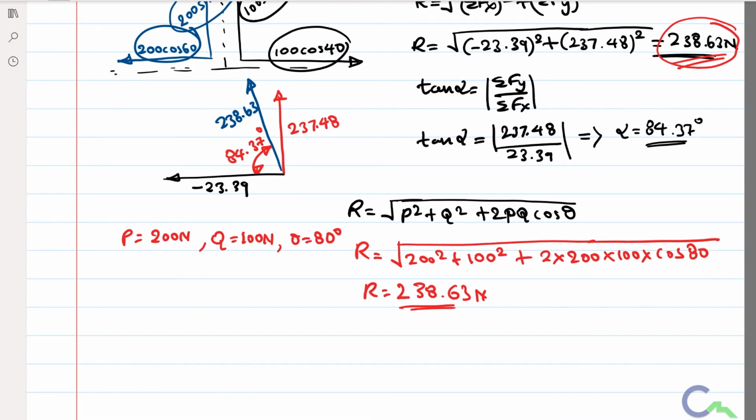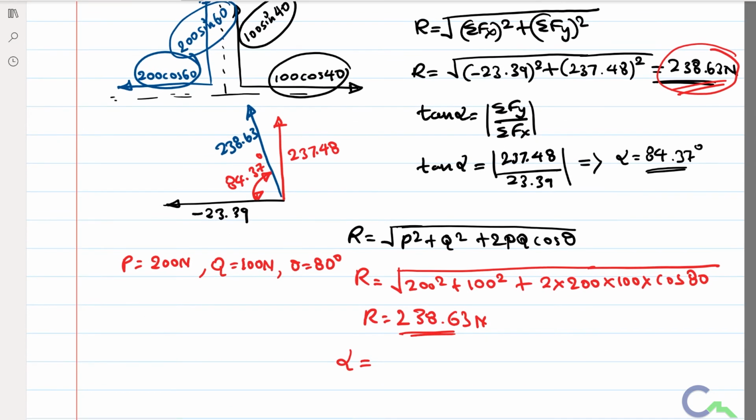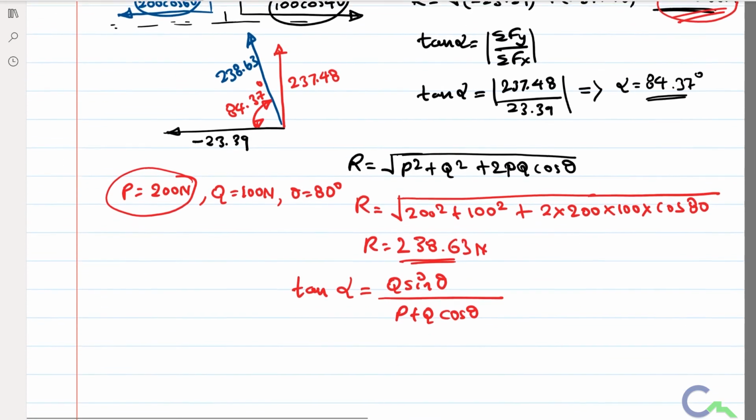So if I want to find the angle of the resultant, in this case we'll get it with respect to P. As per the proof, we have the formula, tan alpha is equal to, where alpha is the angle of the resultant, Q sin theta divided by P plus Q cos theta.